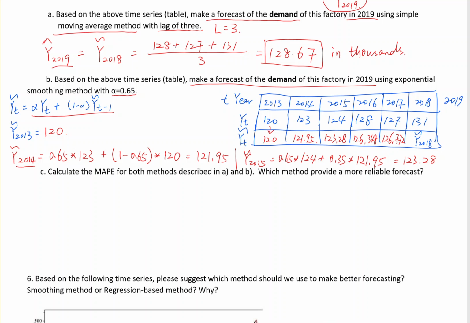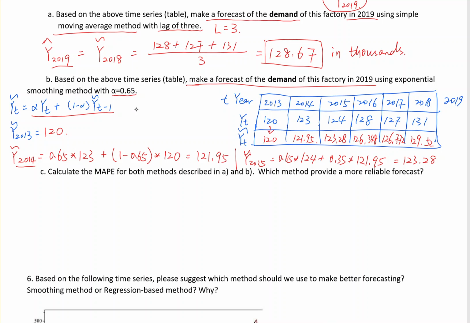The same thing: 0.65 times 131 plus 0.35 times 126.772. If you calculate this, you get 129.52. All right, so we come back to our question.